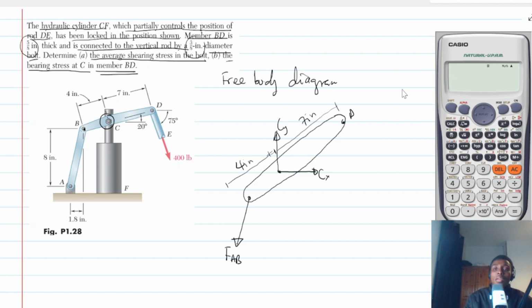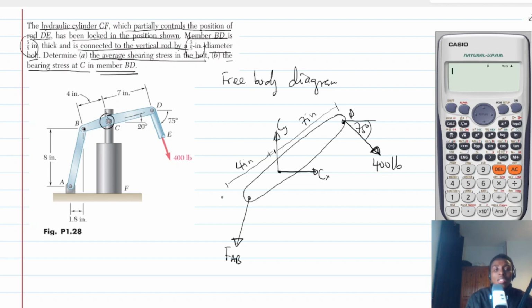Okay, all right. And then at D, there is this force here which makes an angle of 75 degrees with the horizontal. Now it looks like this. So this is the force, and this is 75, and this one is 400 pounds. All right.